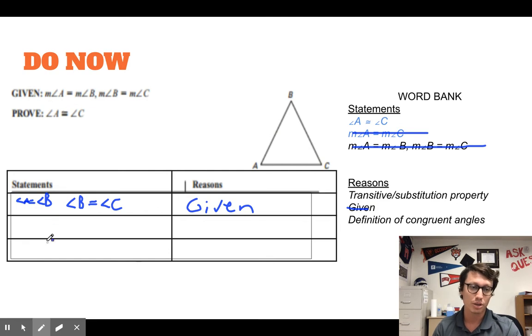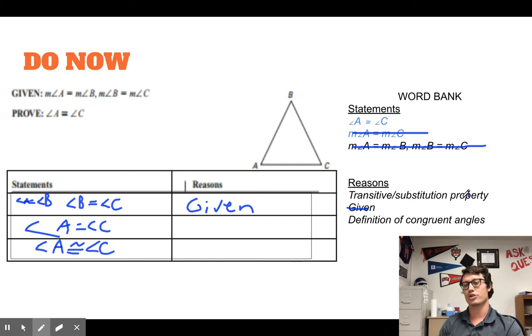We're rewriting our proof, that is an automatic answer. Angle A is congruent to angle C, which means that the only answer that we have left is angle A is equal to angle C. Beautiful. Okay, now we need to figure out where is transitive substitution going to go and where is definition of congruent angles.